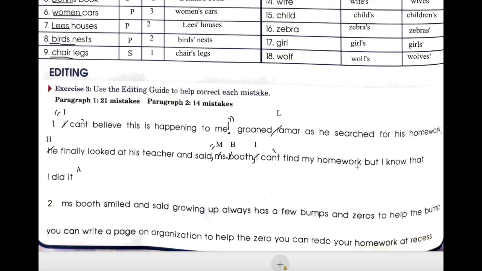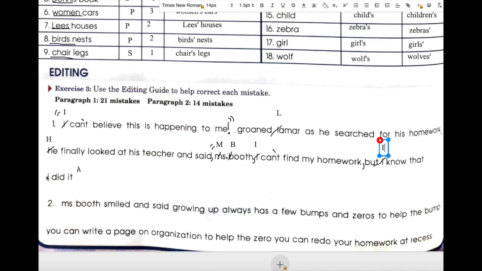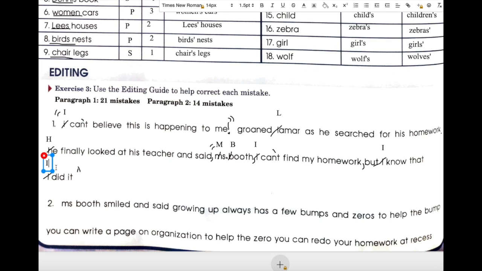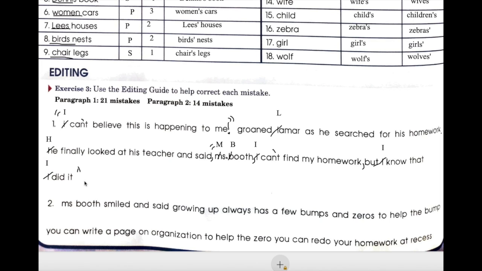We have a compound sentence here because we have two independent clauses and we have to join them with a comma and a conjunction. I can't find my homework, comma, but I know that I did it, capitalize I. And put a period at the end of your sentence.